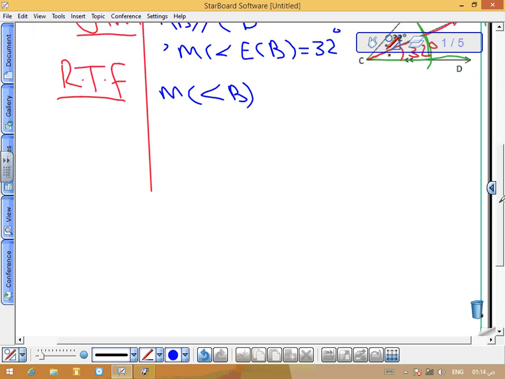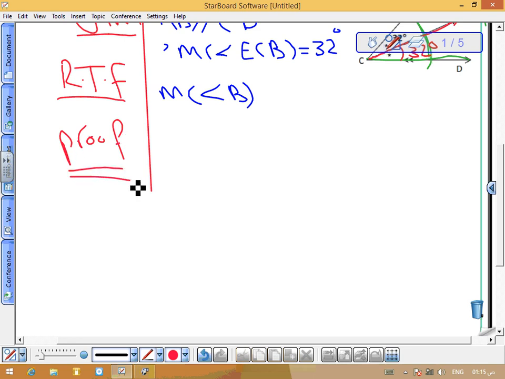Number three, start writing the answer or start solving this problem. Write the third item, which was what? Proof. Proof is the steps of my answer of the problem.